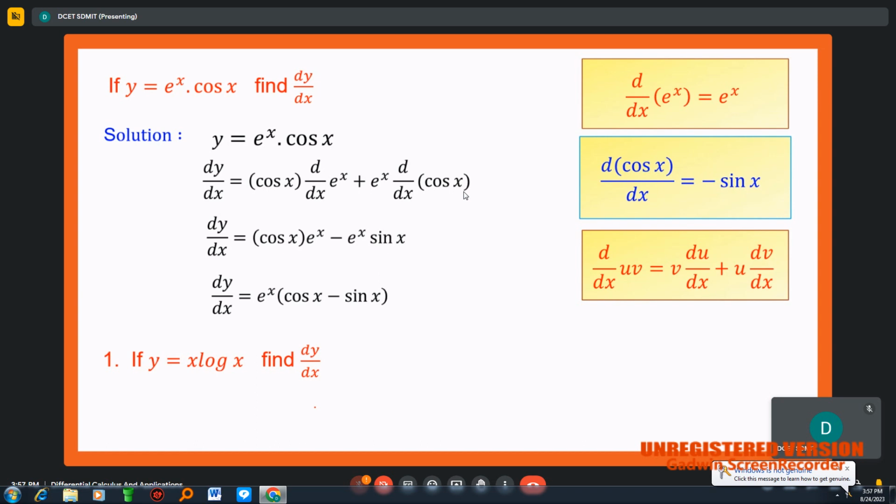What is the answer? x into log x. One plus log x. Very good.